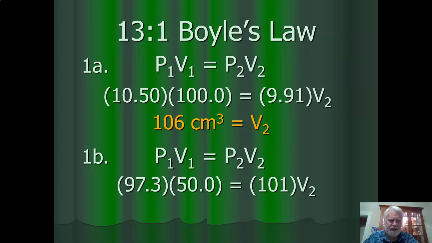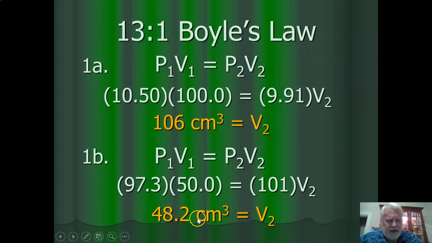Then you solve this, just multiply these numbers on your calculator, hit the equal key, divide by 101, and then round to 3 sig figs. Now notice what happens here. As the pressure goes up, the volume goes down. Right here, the pressure went down and the volume goes up. So I picked these two examples to show you that concept.